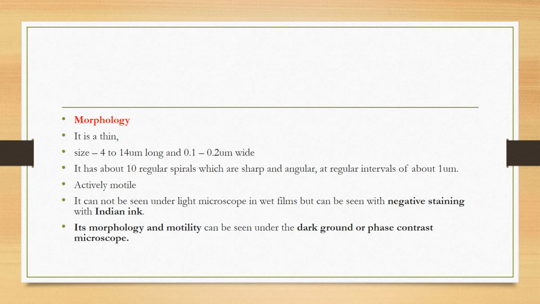Morphology: it is thin, and the size ranges from 4 to 14 micron long and 0.1 to 0.2 micron wide. It has about 10 regular spirals which are sharp, angular, and at regular intervals of about 1 micron.